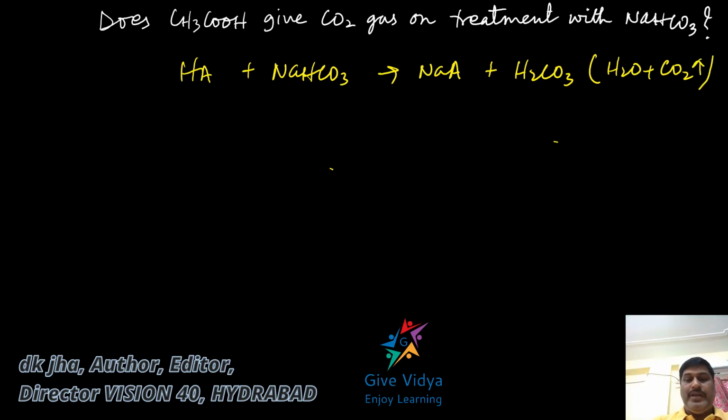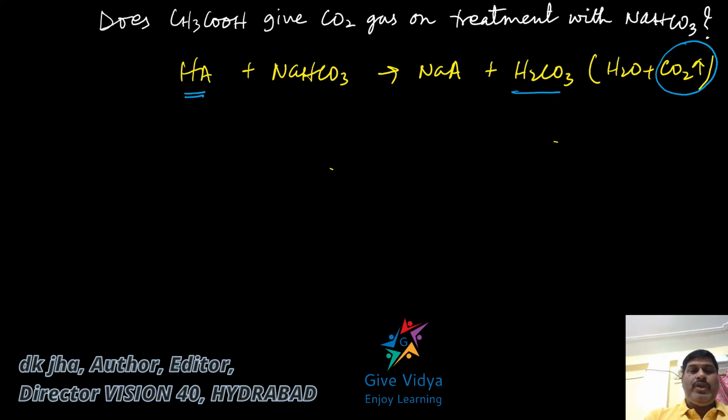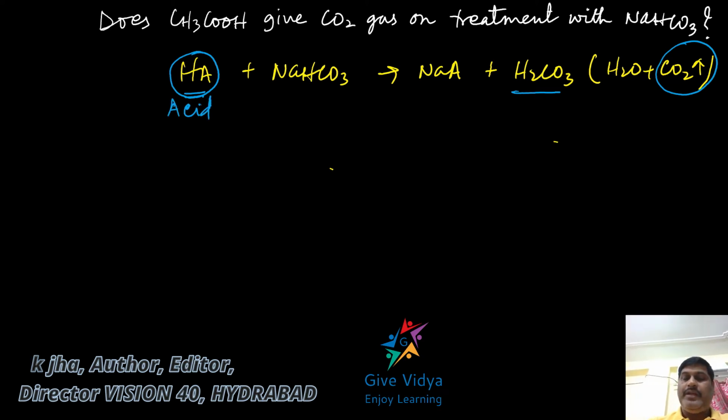The point is whether this reaction is possible or not. If this reaction is possible, then H2CO3 will form and the CO2 gas will be released. When is this reaction possible? Please understand this very clearly: this one is the acid on the reactant side, and this one is the acid on the product side.